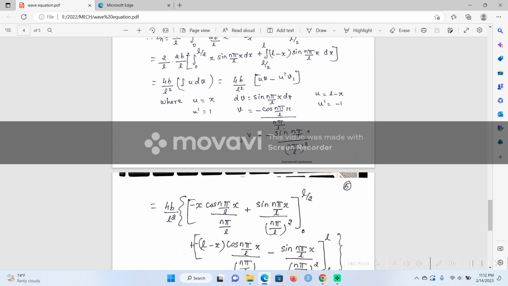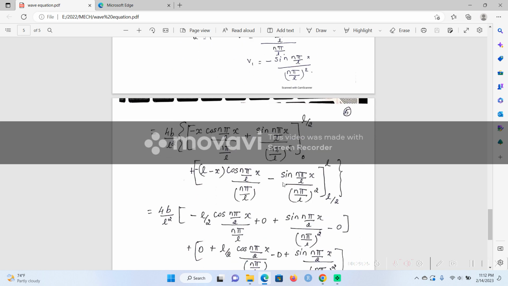Now substitute in this formula. So it is 4b by L squared, u which is x, and v is minus cos, so we are taking like this, and then minus u dash 1 and v1 minus, so minus into minus will be plus, and this one is between the limits 0 to L by 2.